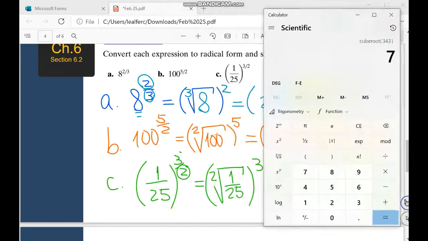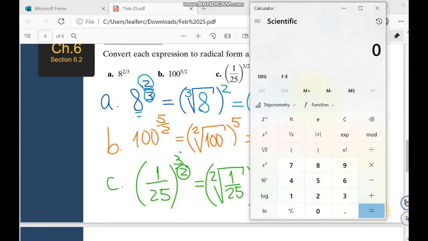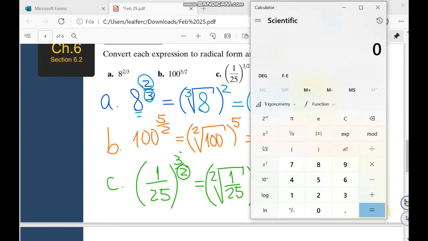And let me bring my calculator here and show a few examples. Let's say we want the solution for letter A. You get your scientific calculator, type 8, type the button x exponent y, and check this prompt here.